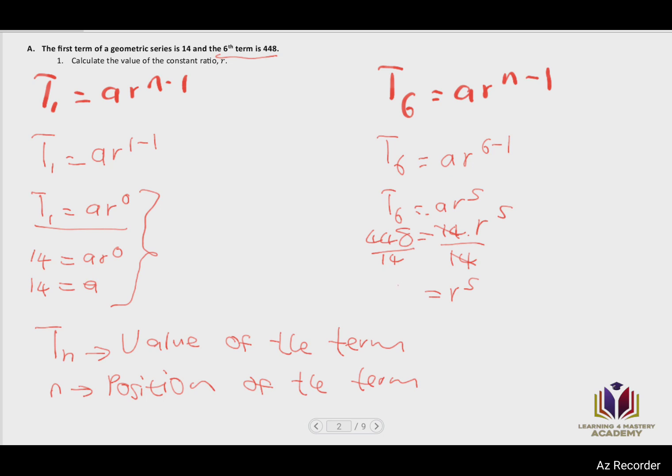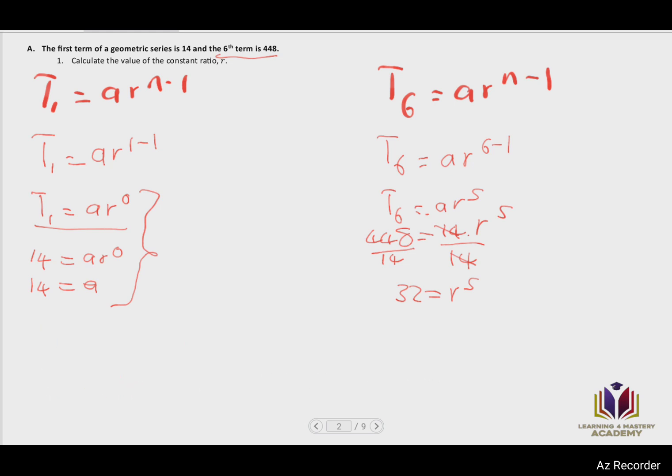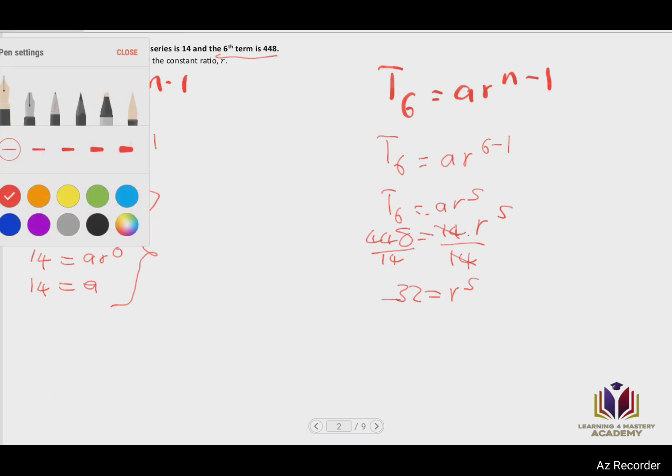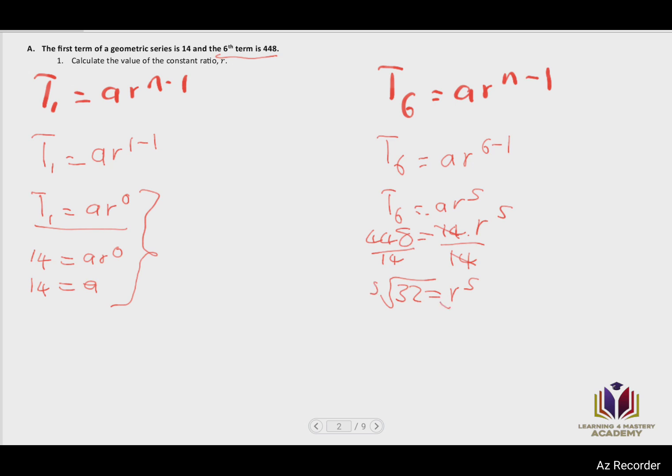It gives me 32, right? Then from here, I'm just quickly going to erase here. I can then find the fifth root of each side. That cancels the exponent 5. r equals 2. It means that our r is actually equal to 2.